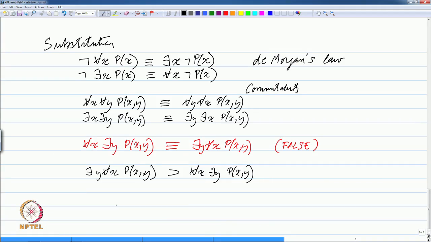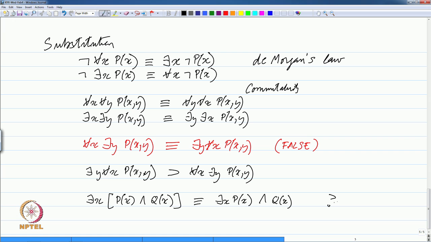So, I will encourage you to look at quantified formulas where you have two quantifiers, or maybe you have just one quantifier, and you look at formulas like this. There exists an x P x and Q x is equivalent to there exists an x P x and there exists an x Q x.